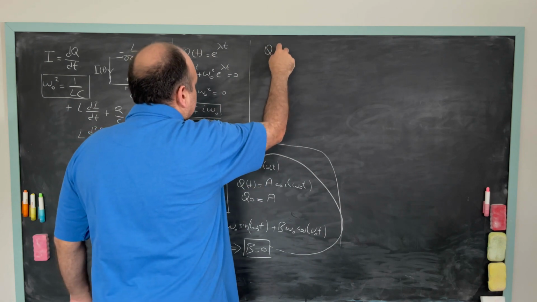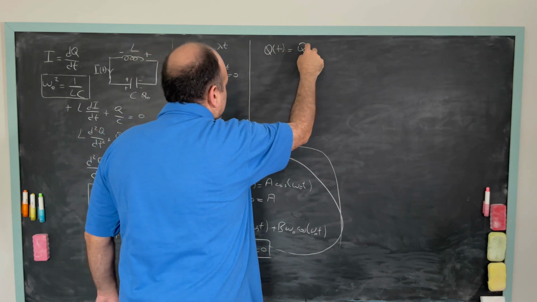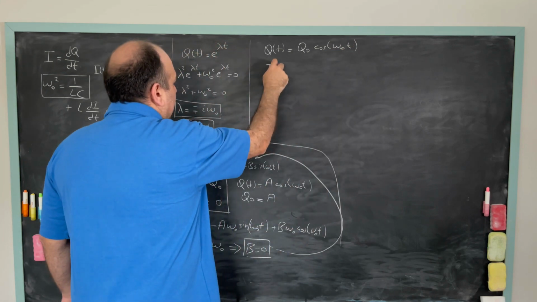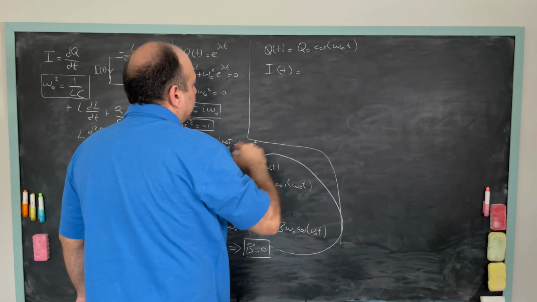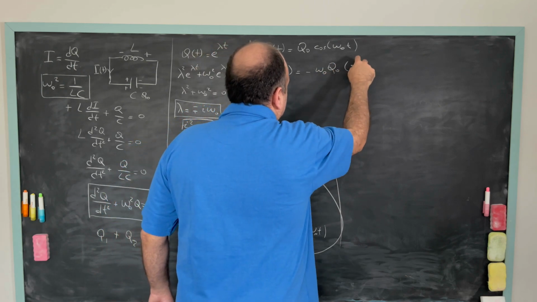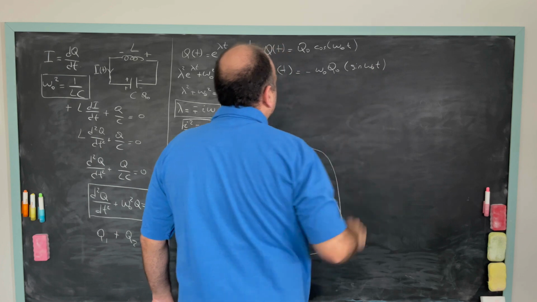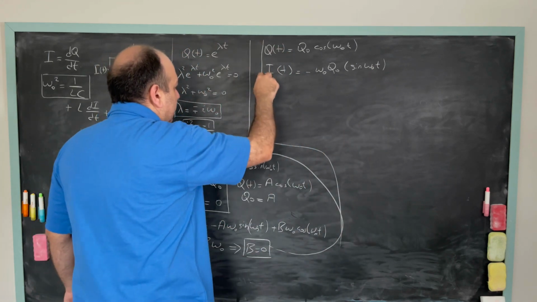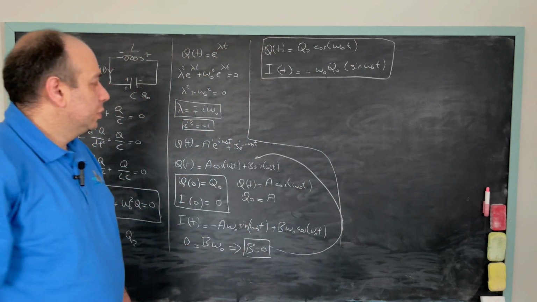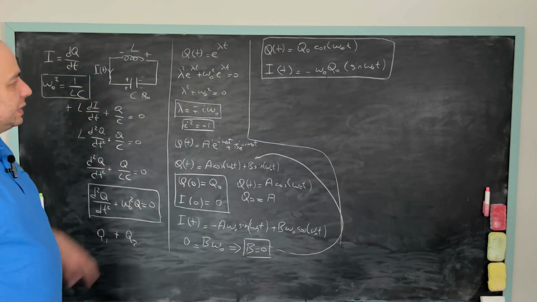So let's write down the solution. Q of t is simply equal to Q naught cosine omega naught t. And I of t is simply equal to minus omega naught Q naught sine omega naught t. And these are the time-dependent quantities for this LC circuit.